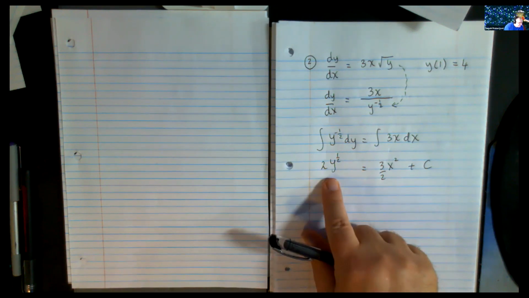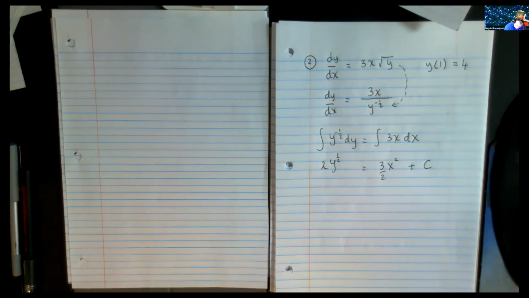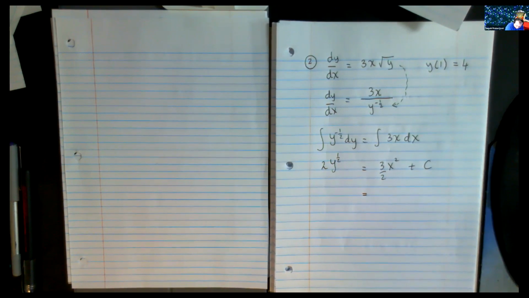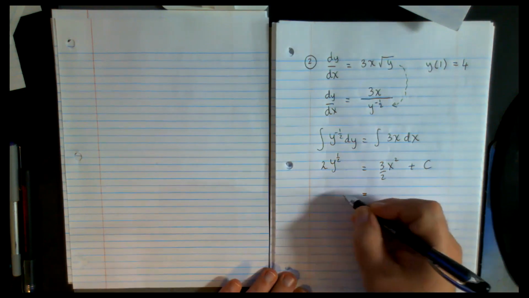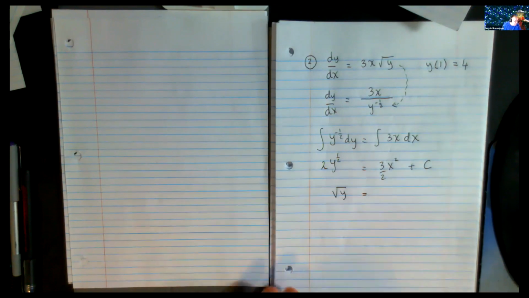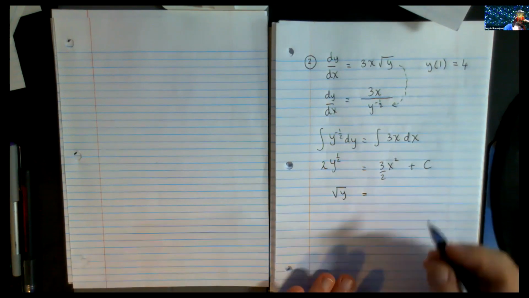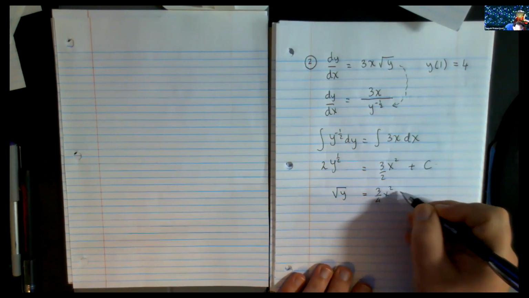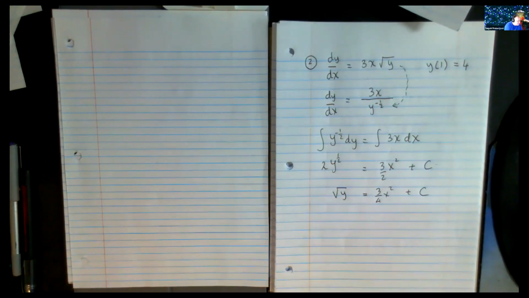Would you agree that this is a candidate for y equals? So let's keep going. What could I do to both sides to get it closer to what I need? Divide by 2. Okay, so I'm going to take the y to the half and rewrite it as the square root of y. And I'm going to divide everybody by 2. And we're going to stick to my rule that C is still C.